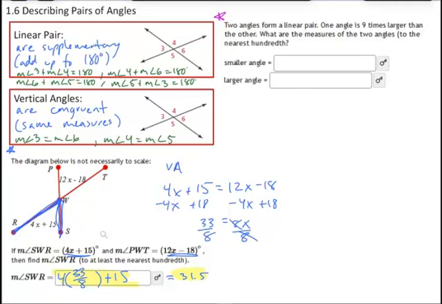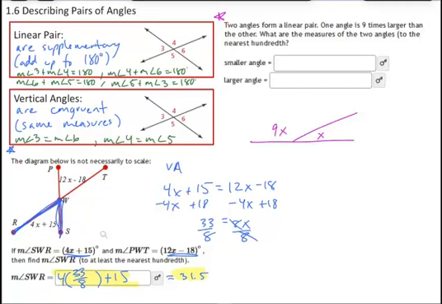And the way that the problem's set up, it really encourages you to use the part-to-part ratios here, because it says that two angles form a linear pair, and I saw most of you sketched a linear pair. One angle is 9 times the other. Well, if we designate one of the angles to be some unknown value, we'll call it x, the other one is 9 times that, so we can express the other angle as what? Yeah, simply 9x.